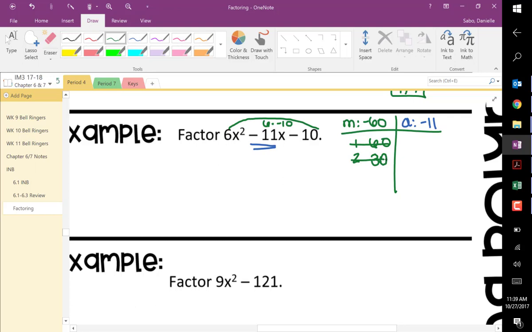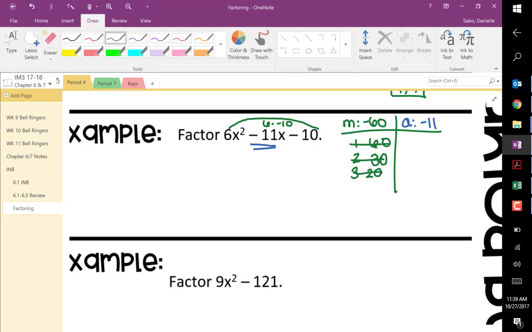Okay, does 3 go into 60? 3 and what number? 20. Is that going to get me 11? Is it 6, 10? It might be. We'll find out. I want to write all of them out for everyone so that you have it.